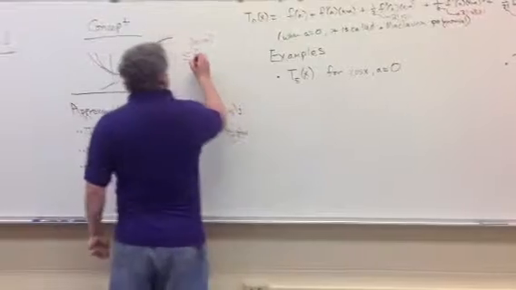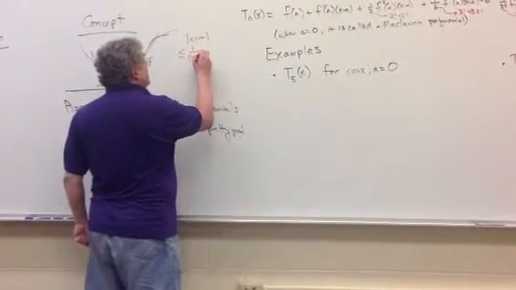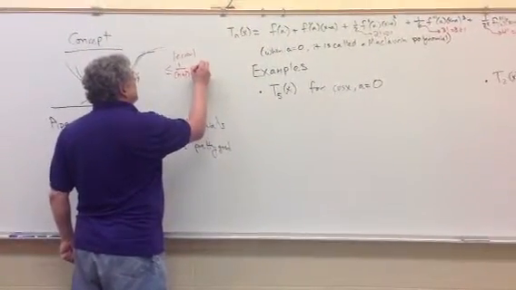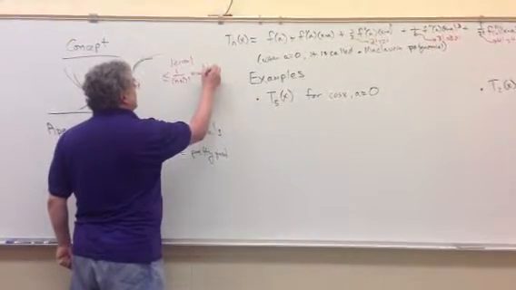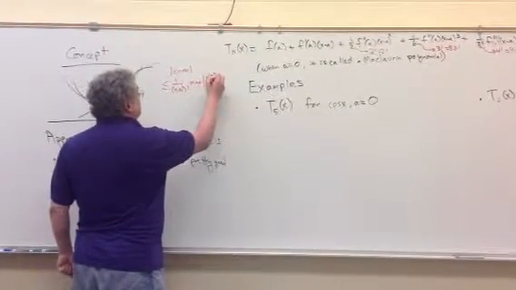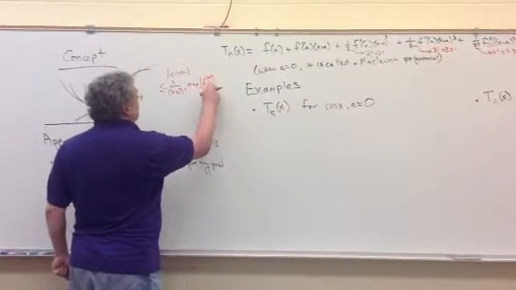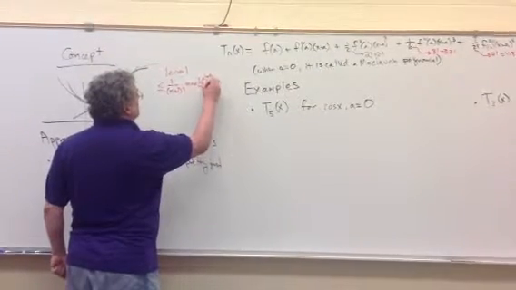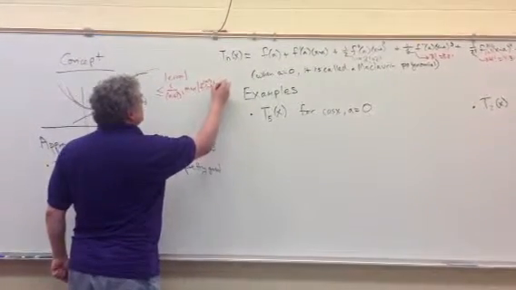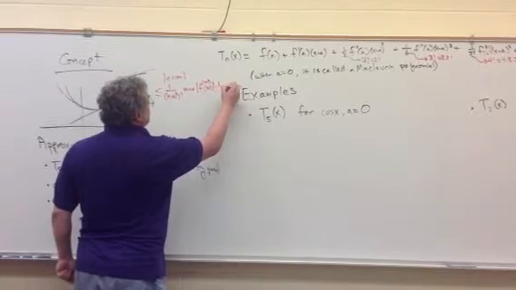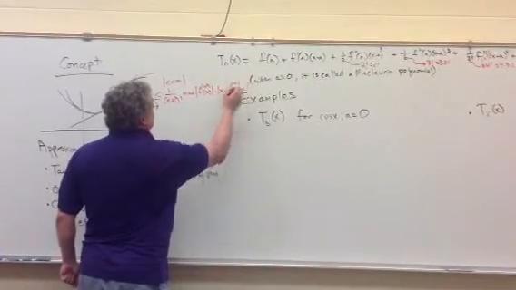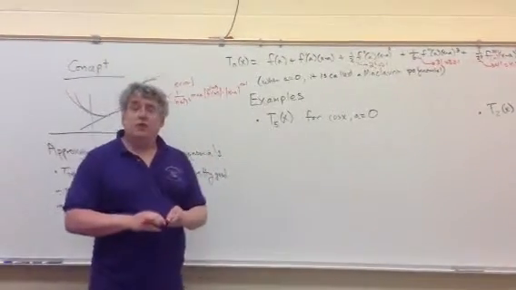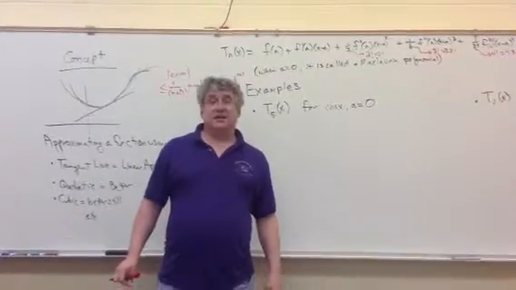You write n plus 1 factorial times the max of the absolute value of the n plus 1th derivative over the whole range times the absolute value of x minus a to the n plus 1. We won't dwell on that right now. We're mostly concerned with actually finding these Taylor polynomials.